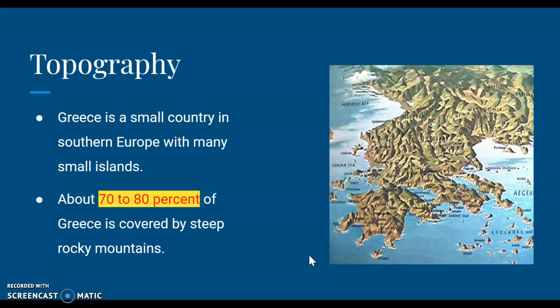About 70 to 80% of Greece is covered by steep rocky mountains. The reason I chose to use this particular map for this Google slide is so you guys could see just about how many mountains cover up Greece.